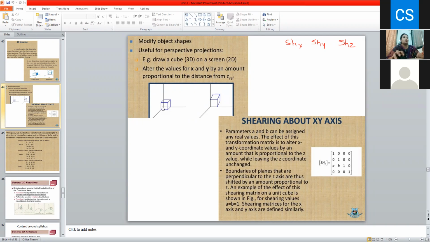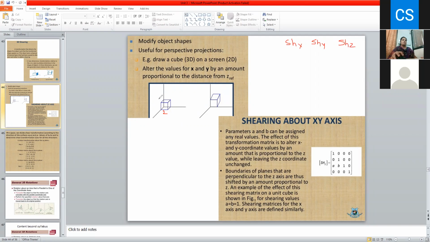If the cube is having the length, breadth, and height, obviously it is a cube, that's why every side is equal, and I will have that side equal to 2 centimeter, let us assume. Each side of the cube is having the dimensions, having the size as 2. One of its vertex is origin.